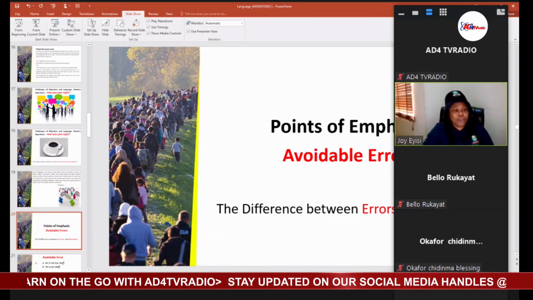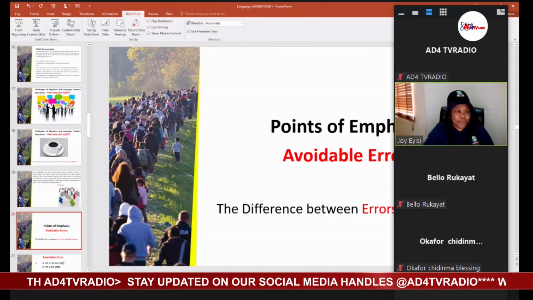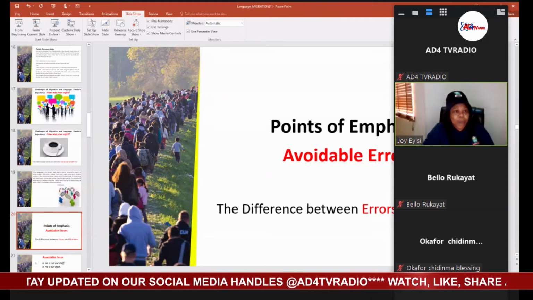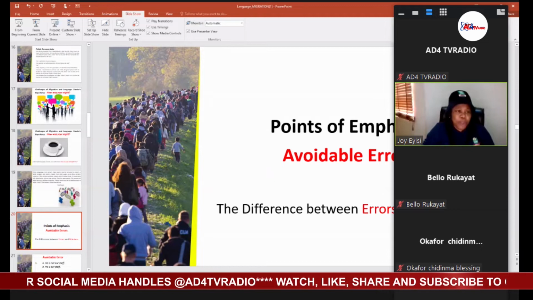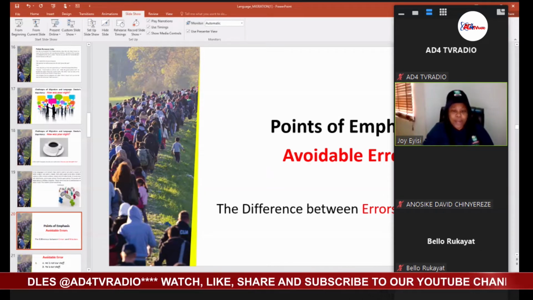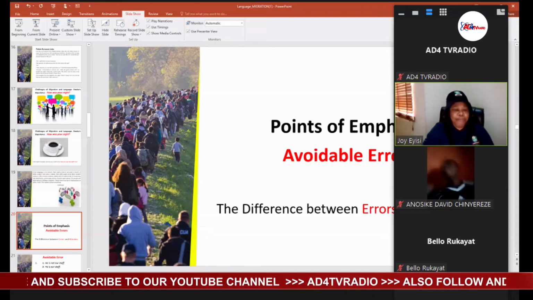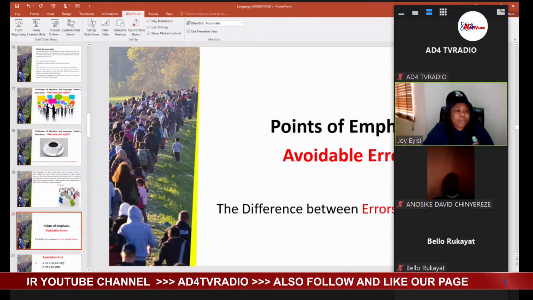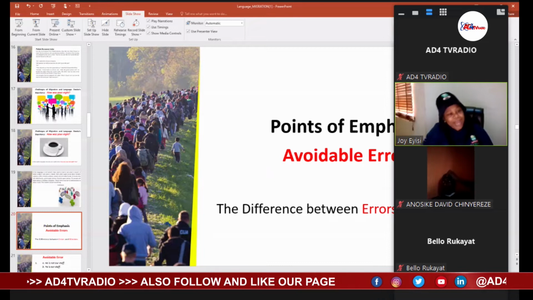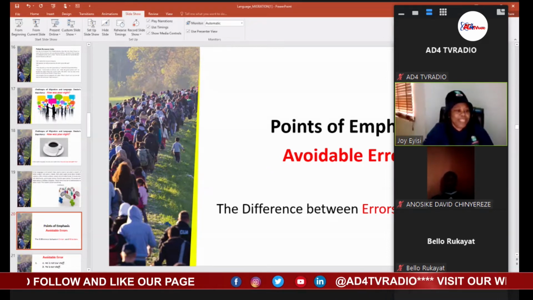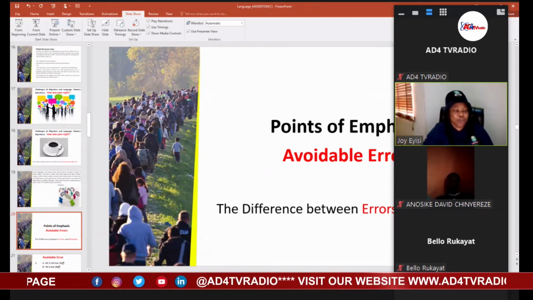Mistakes could be as a result of memory lapses, fatigue, or strong emotion. Everyone is prone to mistakes. You can even make mistakes in your own native language, but you can hardly commit an error in your native language because you have mastery of it.